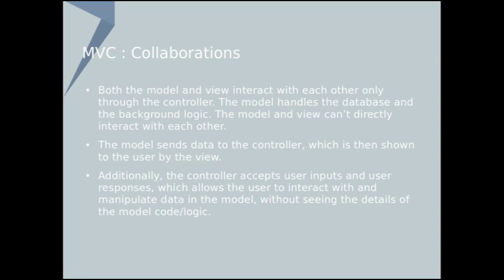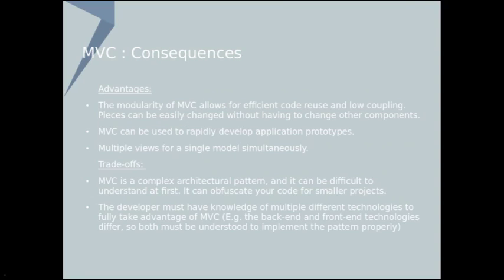So the controller acts not only as a routing tool to send users to the right place, but it also acts as an intermediary to interact with the model without displaying the logic behind it.